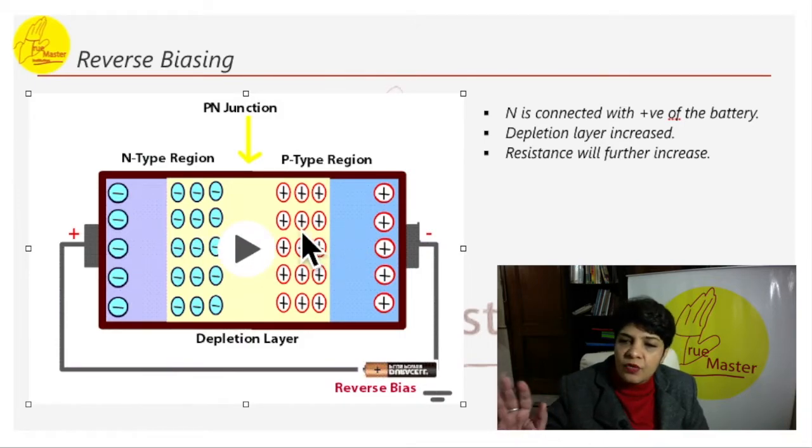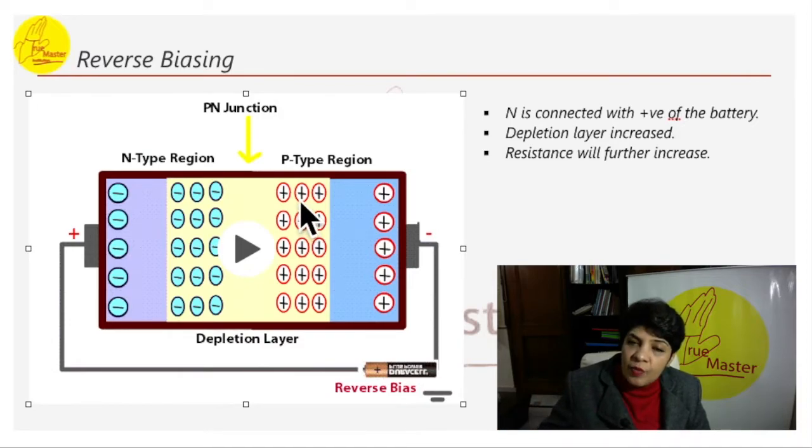We can say it's a zero current, but there is some current flowing, because in this p type also there are some electrons. These few electrons will start flowing because this barrier is supporting it, plus we are putting a bigger battery.